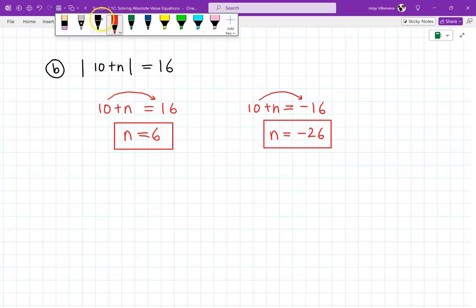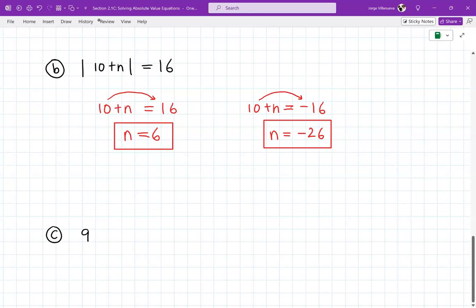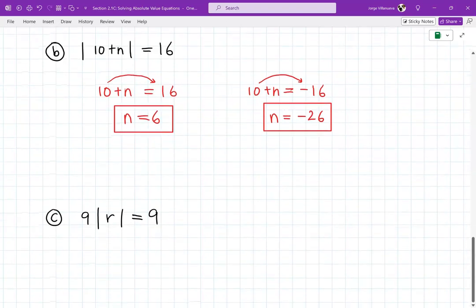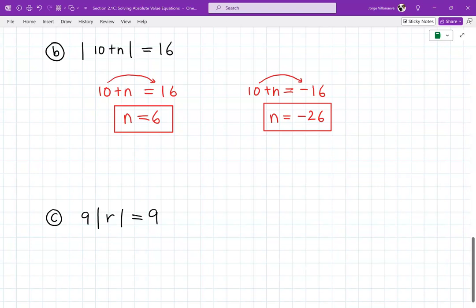That kind of looks easy, but it is different. What's different with this one that the other ones did not have? Is the absolute value all by itself? No, right? What's next to it?